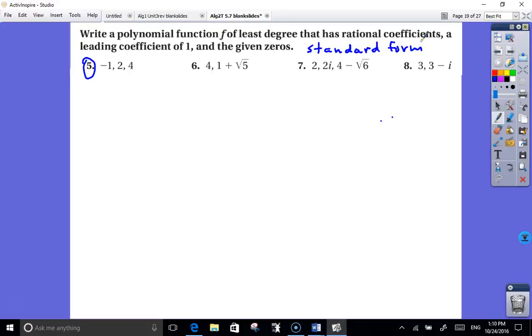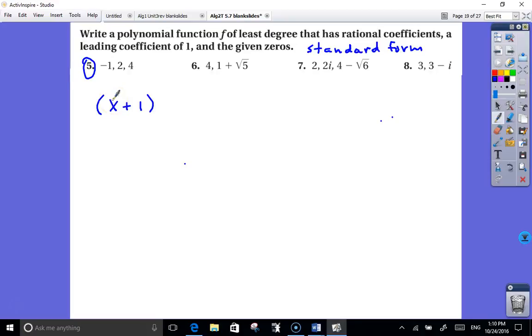This gets to the relationship between zeros and factors, right? If there's a 0 of negative 1, what was the factor that it came from? X plus 1, right? Remember, if the factor is x plus 1, then negative 1 is the 0, because that's what you plug in to x and get 0.